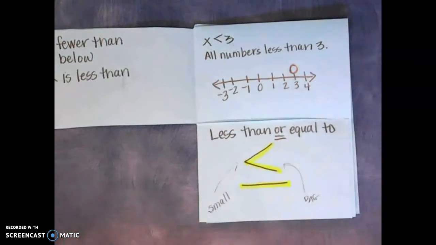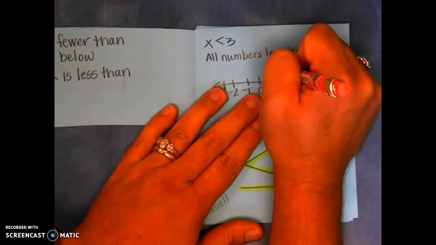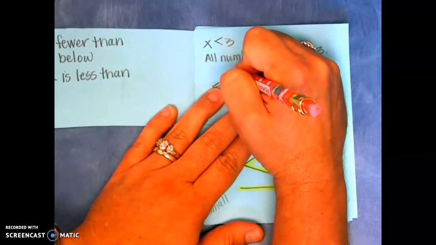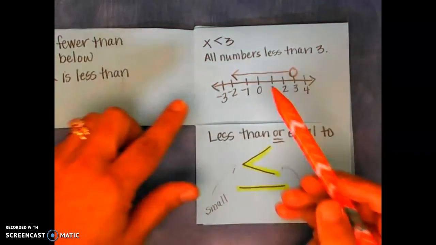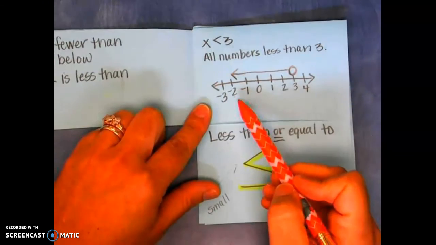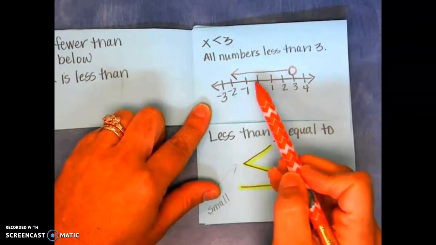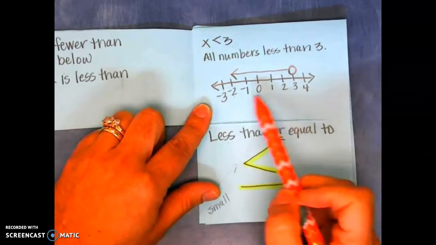Now, if I want numbers that are less than 3, I'm looking for things that are smaller. And those numbers are on the left side. So my arrow is now going to go to the left side. And the numbers that you could say are a solution are these numbers, like -2, -1, -1/2, 0, and so forth.